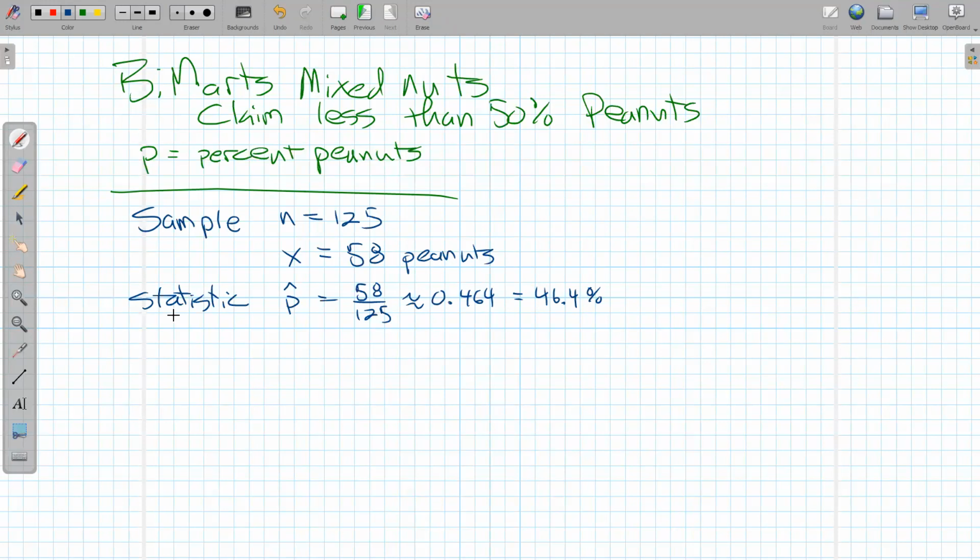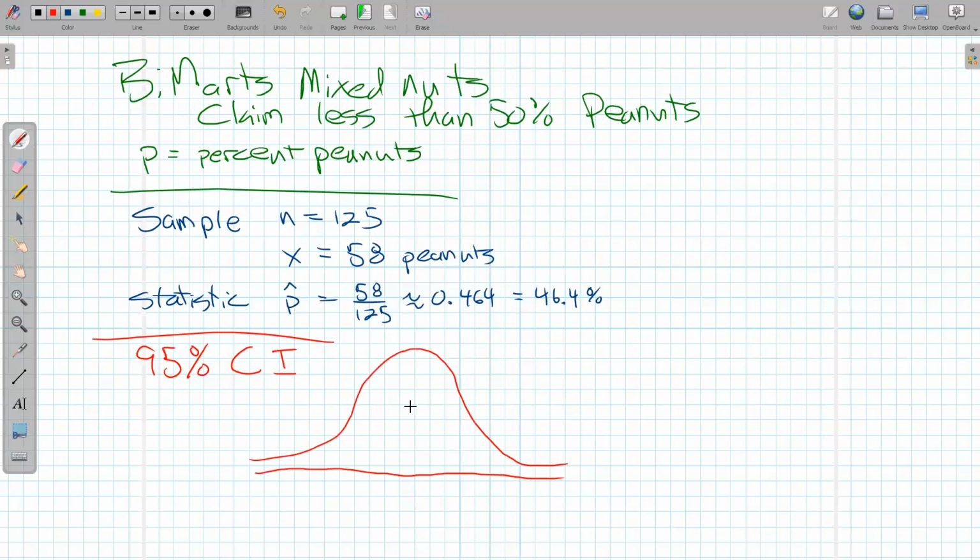All right, so next is my confidence interval. I'm going for a 95% confidence interval, CI, and sketching that out, I got a mean of 0.464. That's my estimate of p based on my p hat, right?